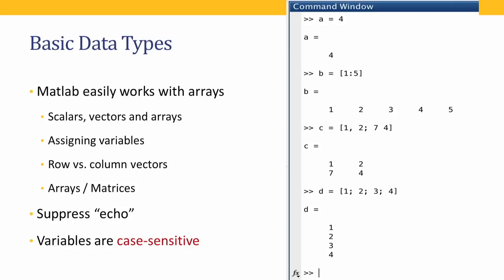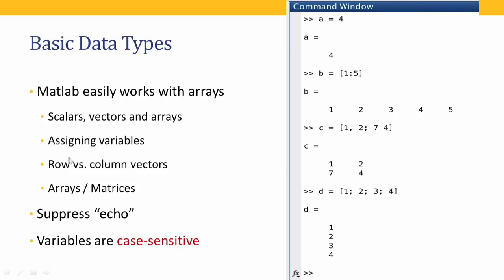So, we will go over some of these basic things in this particular lecture and in the subsequent lectures in this module. Okay. The most powerful thing about MATLAB is that it works with matrices, and that is what MAT in MATLAB stands for.